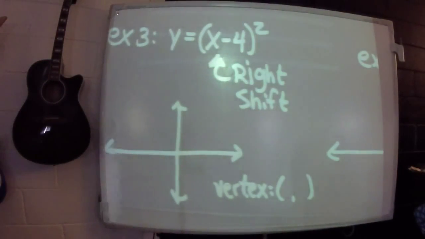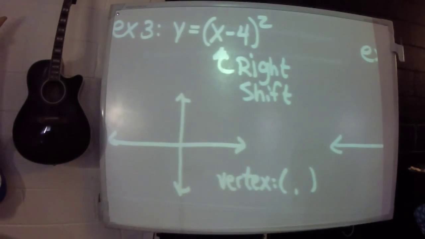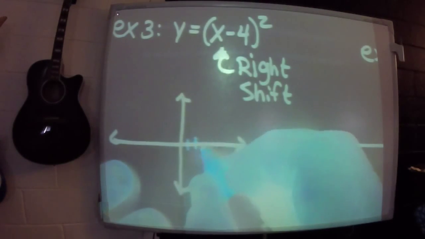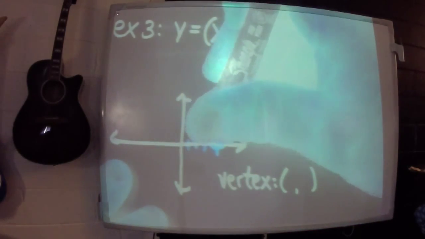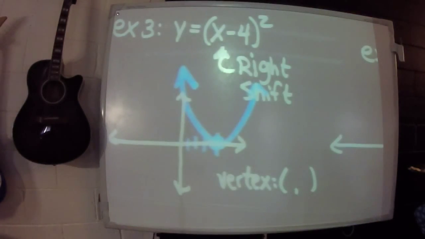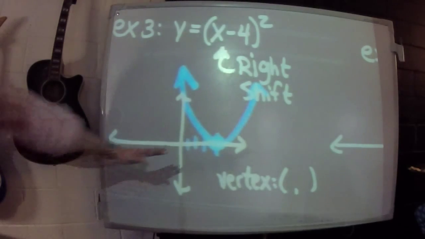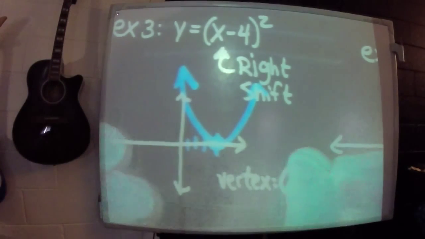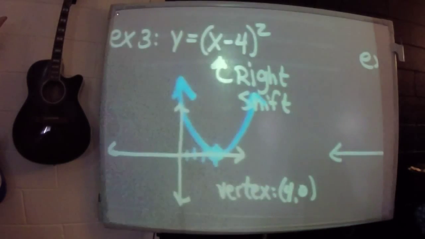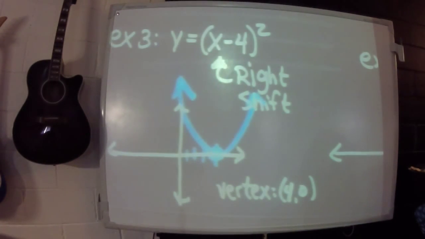So what you do is take your parent parabola and shift it right 4: 1, 2, 3, 4, and there it is. So there's our right shift by 4. And what's the vertex of this guy? Right 4, so 4, 0. And then we're going to go to the left.